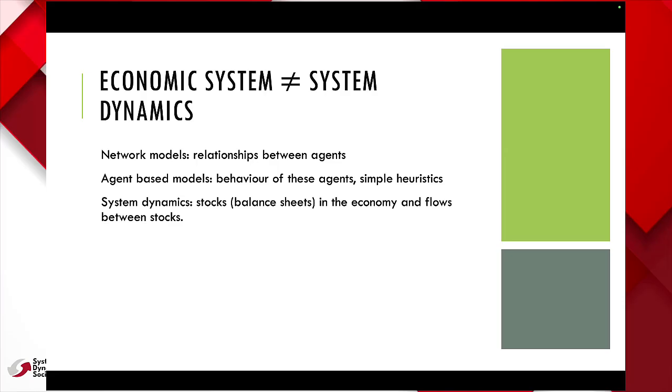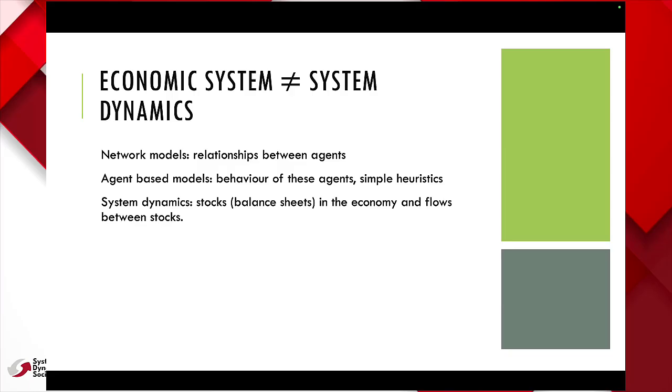And agent-based models can help you better model the behavior of agents and the simple heuristics that they apply to the choices they make. And system dynamics helps you understand how the stocks in the economy flow between the stocks of the different agents.